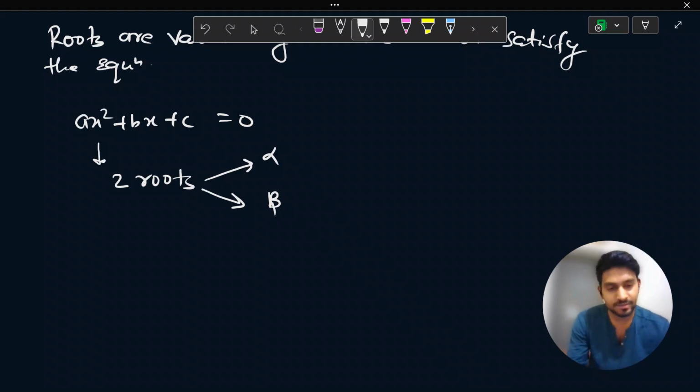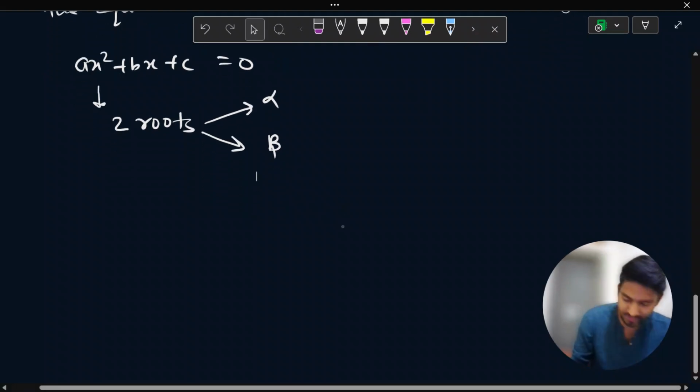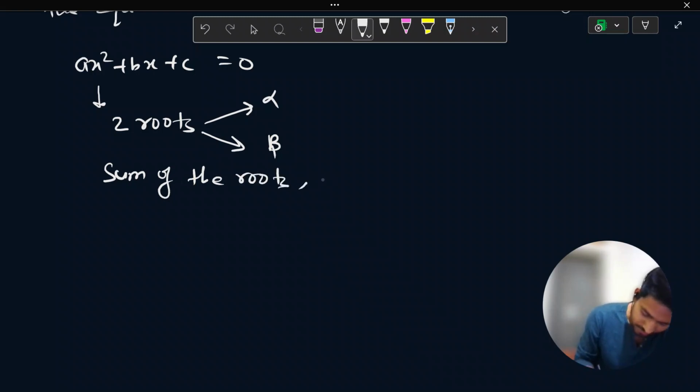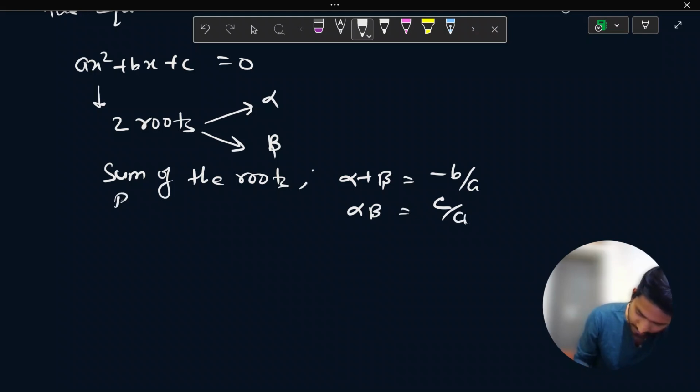We have some standard results which we have to keep in our mind: the sum of the roots, that is alpha plus beta, is equal to minus b by a, and alpha beta, that is the product of the roots, is c by a.